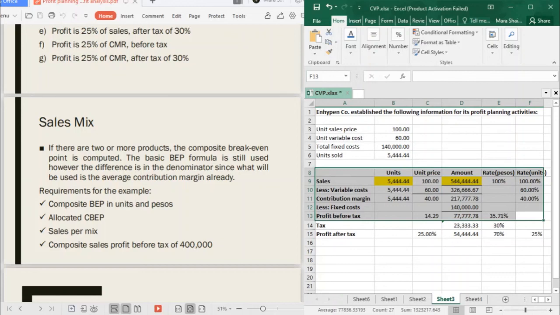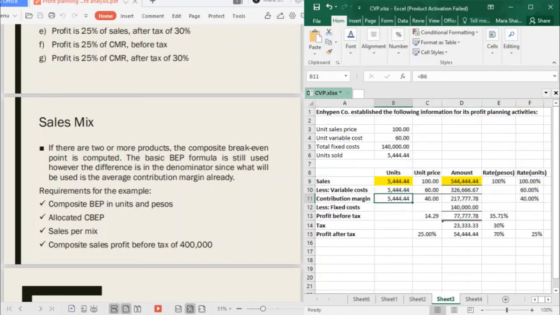For instance, you know that once your contribution margin increases, it has a direct relationship with your profit. You know that in relation to your sales, your contribution margin is the difference with your variable cost.